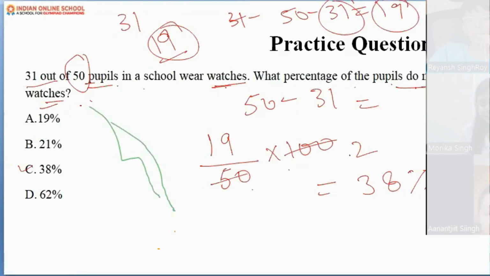Understand? So now we have to calculate the percentage who do not wear watches. So 19 out of 50 multiplied by 100. This is how we calculate the percentage.